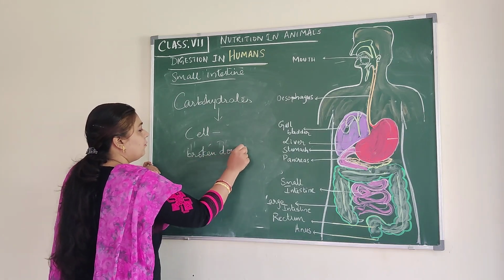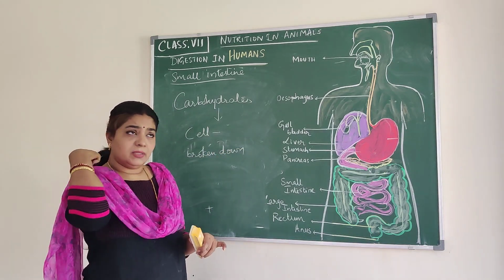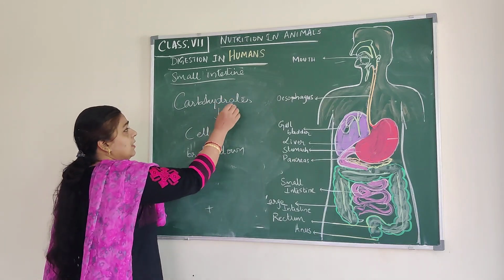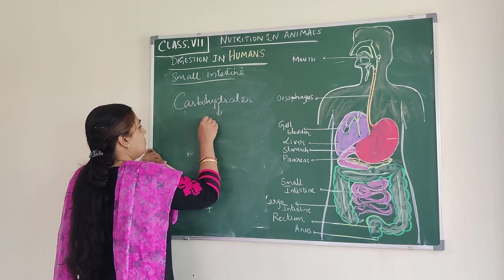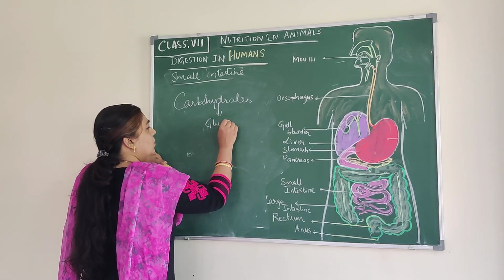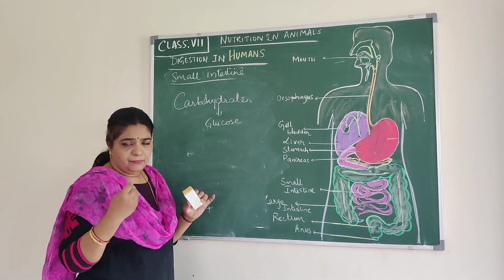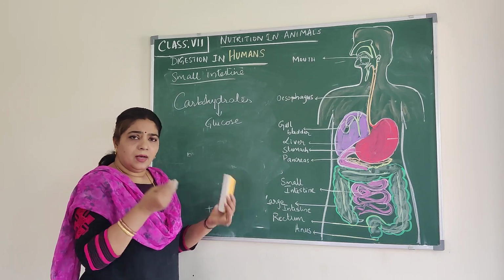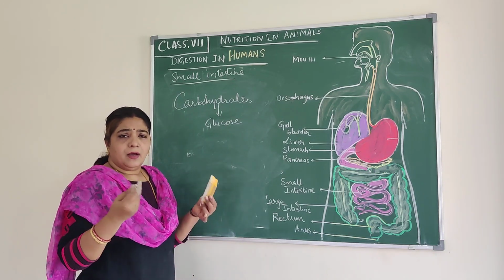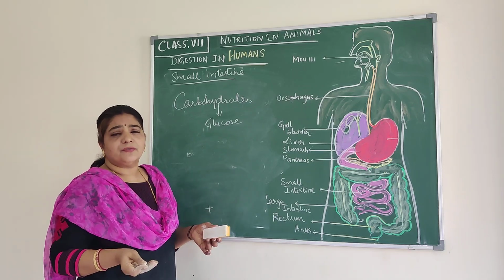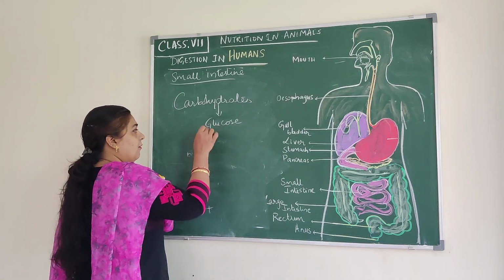The carbohydrate is converted into glucose, and the glucose is absorbed by the villi. From the villi, the blood vessels will absorb the glucose and it will be sent to different cells.